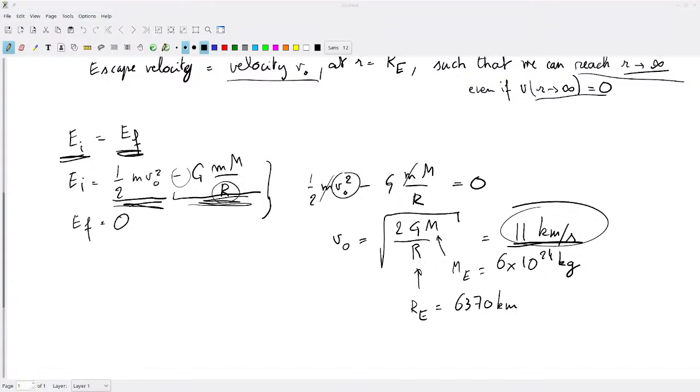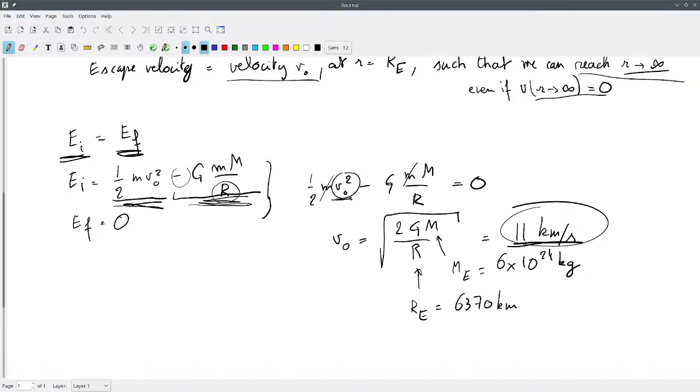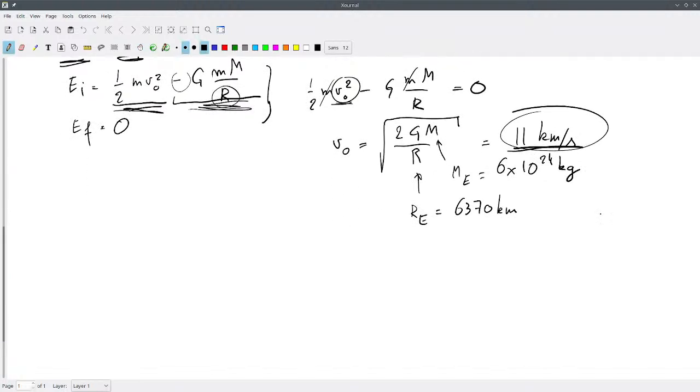Notice, by the way, that there's nothing in this escape velocity that says it has to go in a radially outward direction. If we have the Earth here and we give it an initial velocity outwards, then indeed we're going to go to infinity.